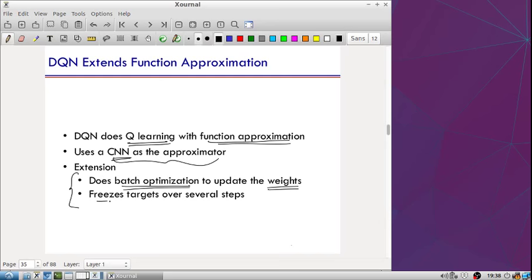There's also a second trick they use, called freezing of targets. Batch optimization is quite straightforward, and I'll also tell you what freezing of targets is. These two extensions are just so that with function approximation, Q learning does not converge to arbitrary Q values. It's pretty stable, and it'll get to good Q values.